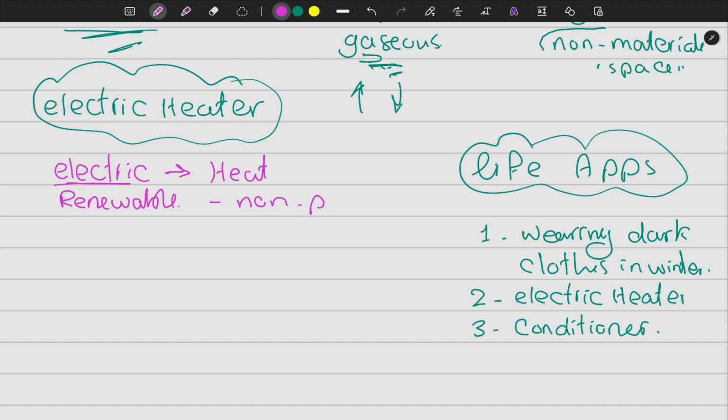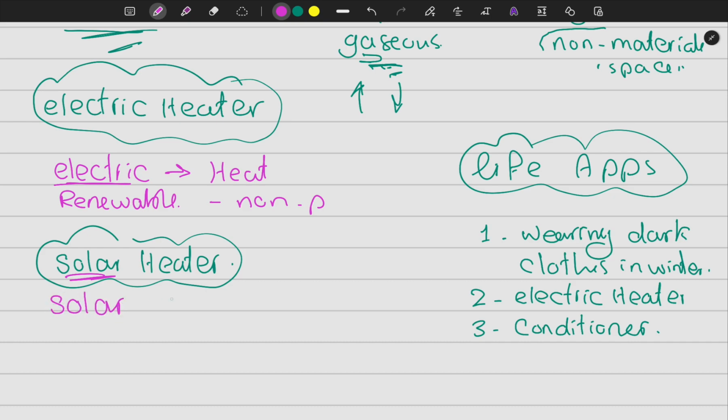Okay, what about a solar heater or solar oven? Solar heater, what type of energy does it use? It says solar, so it uses solar energy, sun energy, and transfers it to heat energy.